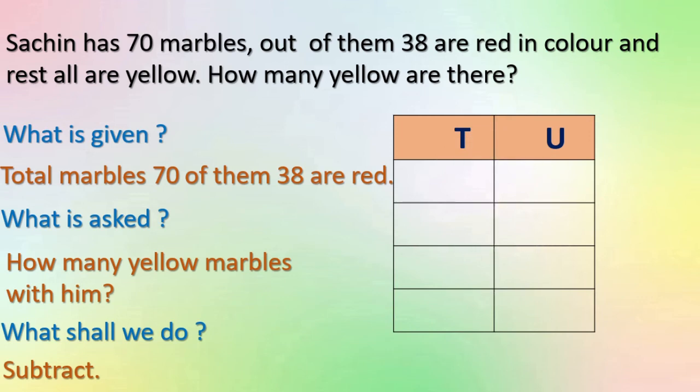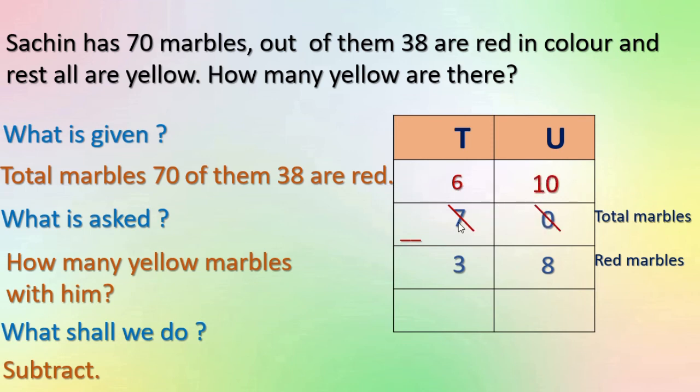Let us write here numbers, that is 70, that is nothing but total marbles. Minus 38, yes, red marbles. Now 0 minus 8, not possible. We have to borrow from 7, so it became 6 and 0 becomes 10, because we have untied 1 ten. Now 10 minus 8 is equal to 2, 6 minus 3 is equal to 3.